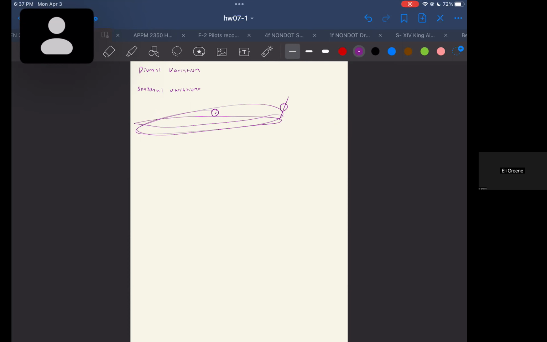We have latitudinal variations. Latitudinal variations are referring to being at a different latitude is going to give you different amounts of heating. So if you're up at the North Pole, you're going to get very little heating because all of the sun's rays that reach you are coming at a very strong angle. And so you get less heating per unit, if that makes sense.